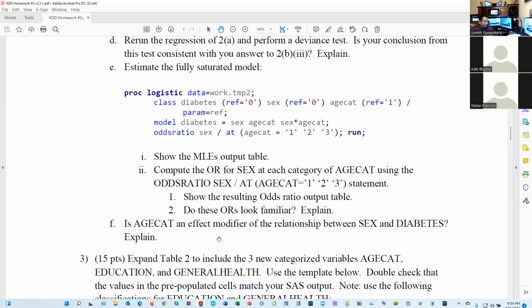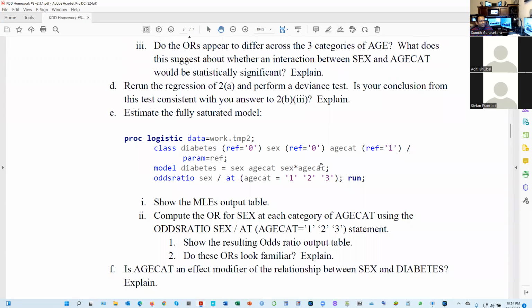Let's see whether that can be verified over here. An effect modifier, age cat, in this one. Okay, then you go to this one, then age cat, and if you put the interaction term, that means age cat, will that affect this one?